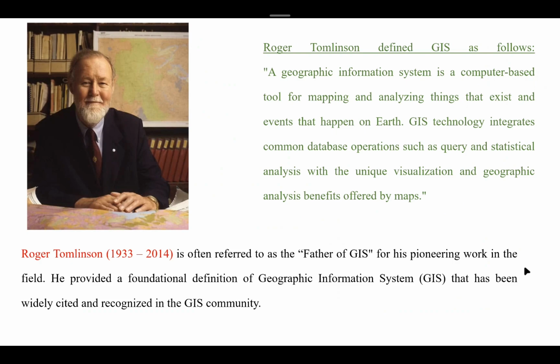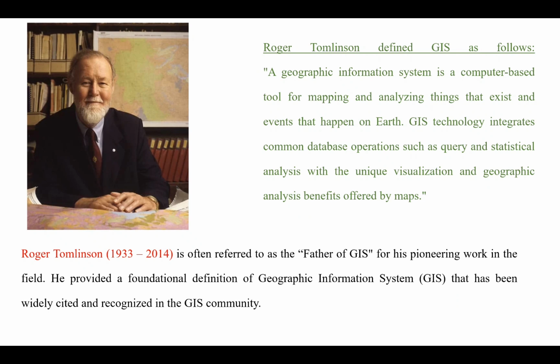So this is Roger Tomlinson. He is referred to as the father of GIS, and he has also given us a definition. His definition says a geographic information system is a computer based tool for mapping and analyzing things that exist and events that happen on Earth.